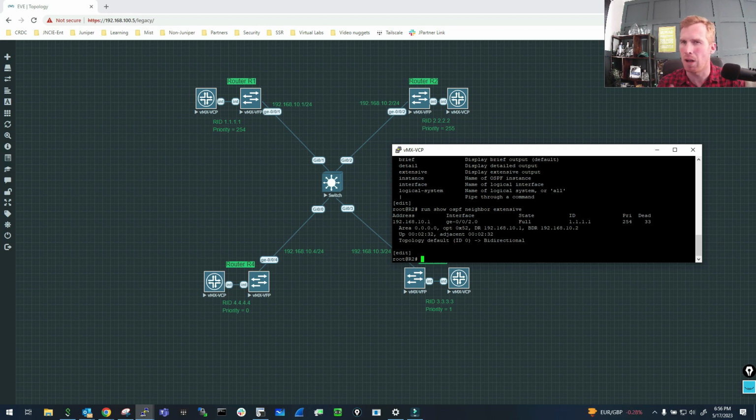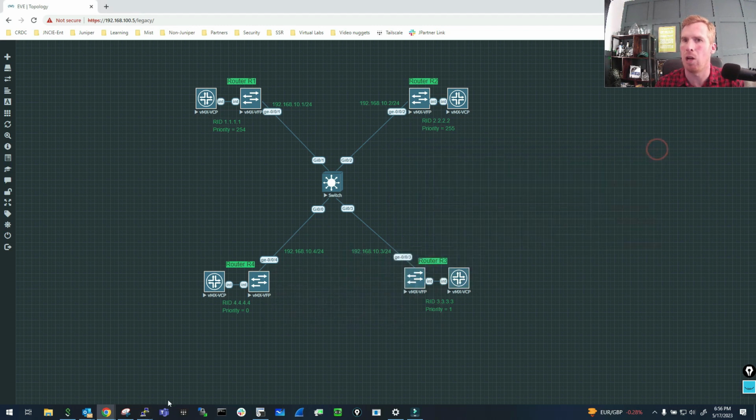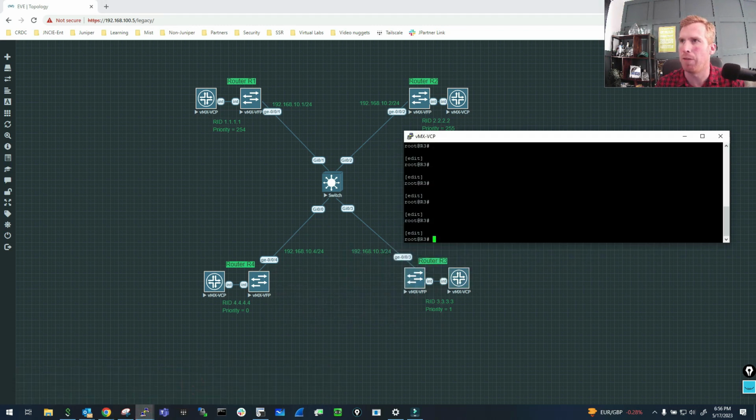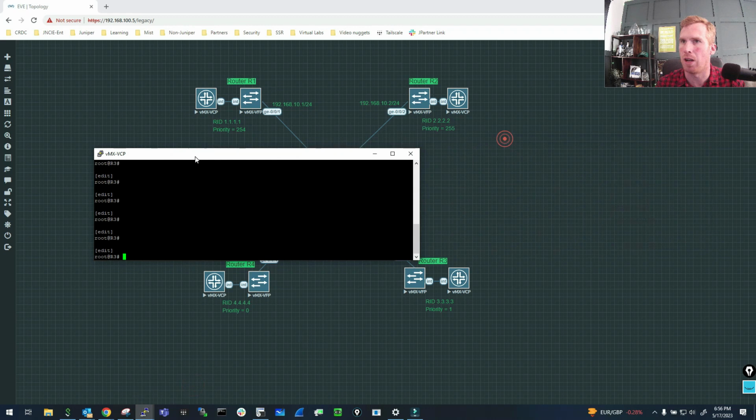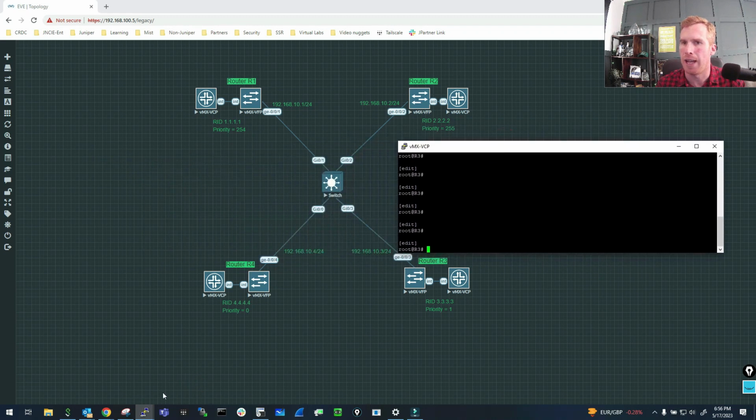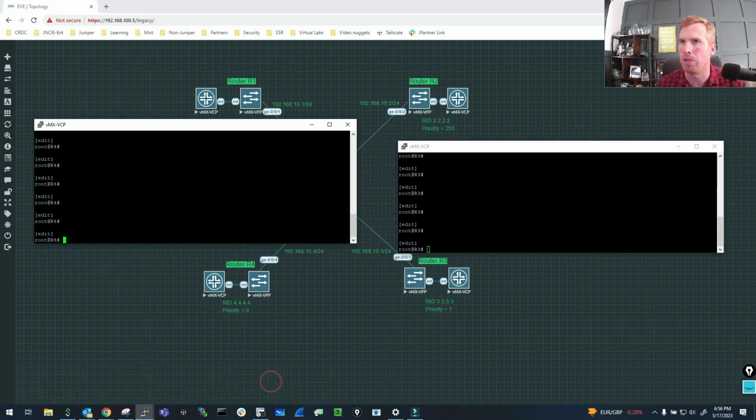But let's configure R3 and R4 for participating in OSPF. I'm going to bring these both up at the same time. So that's router R3 over here, and let me just bring up R4. Let's do set protocols OSPF area 0 interface ge-0/0/3.0 priority of 1, and I'm going to commit this.